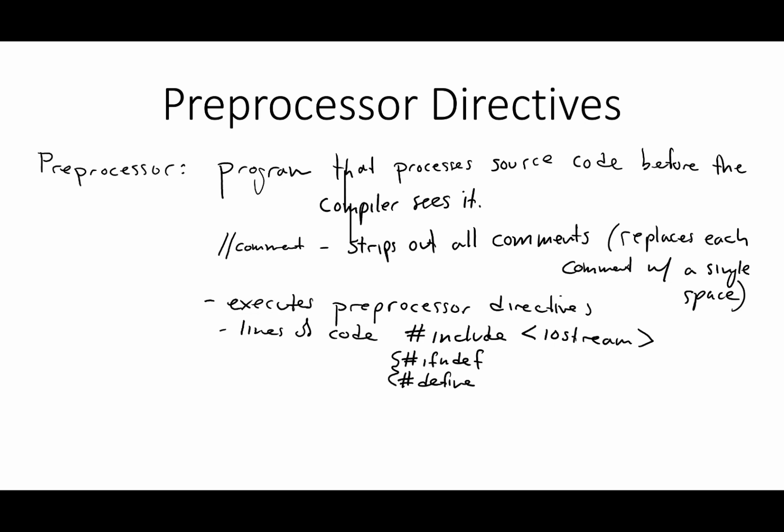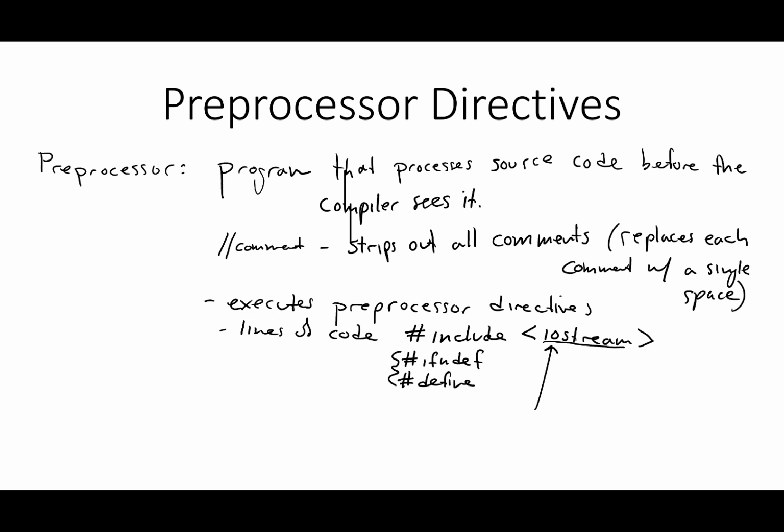What this does is replace the name of a header file with its contents. This header file includes code that someone else wrote. The preprocessor takes this file and inserts the code from that file into the top of your source code.